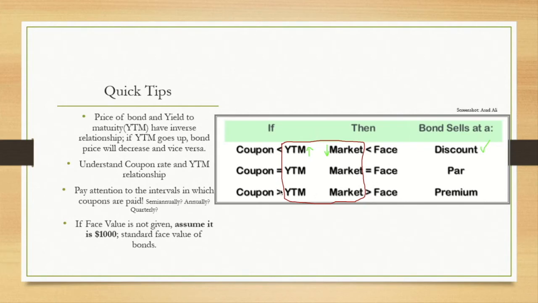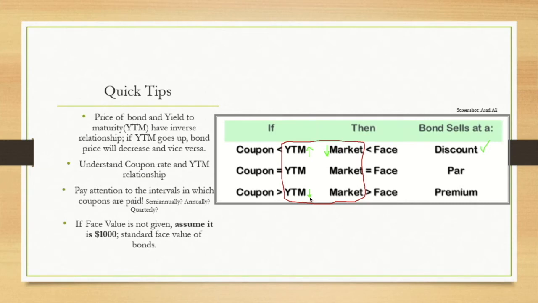And then if we go down here, if the coupon rate is greater than the YTM, then we expect the market price of the bond to be greater than the face value. Relating to the first tip again, in this case the YTM is lower than the coupon rate, meaning the YTM is going down.